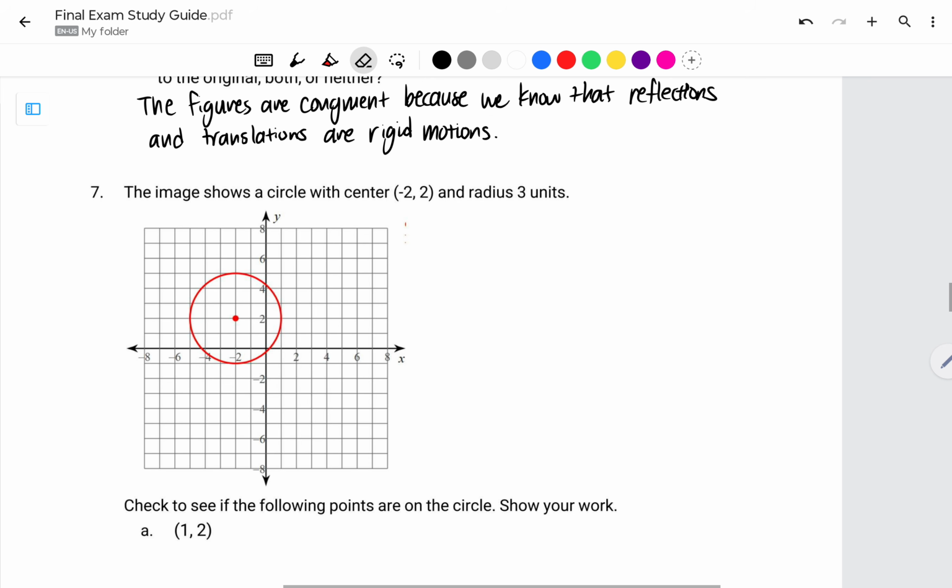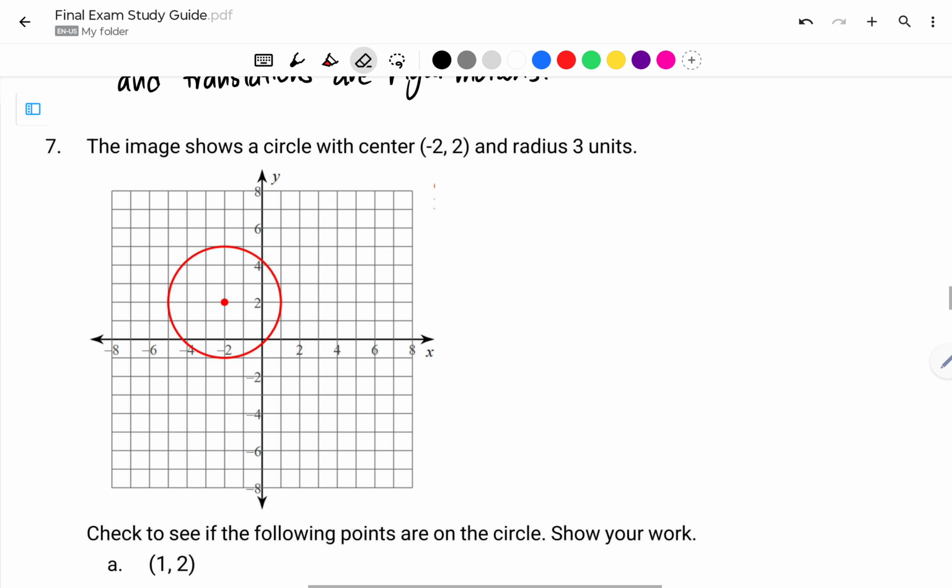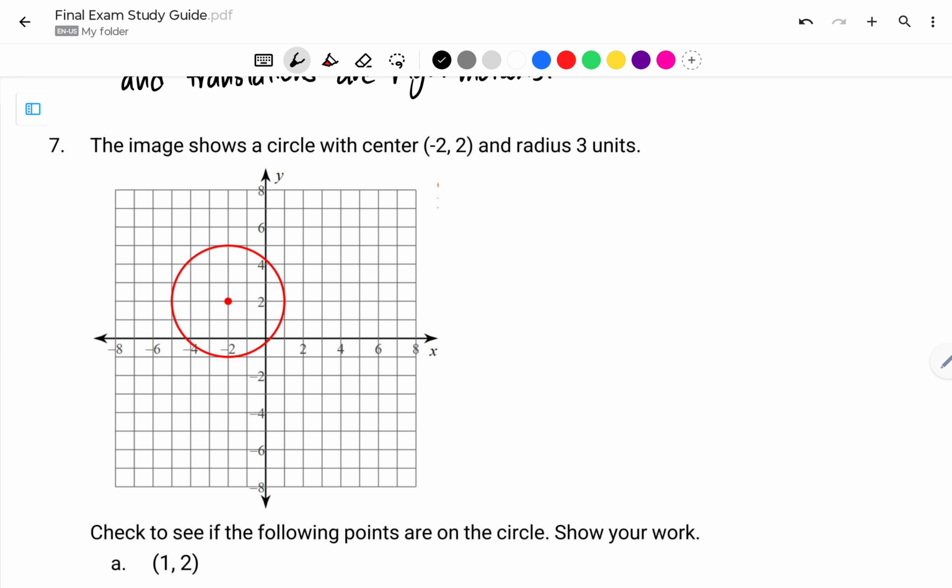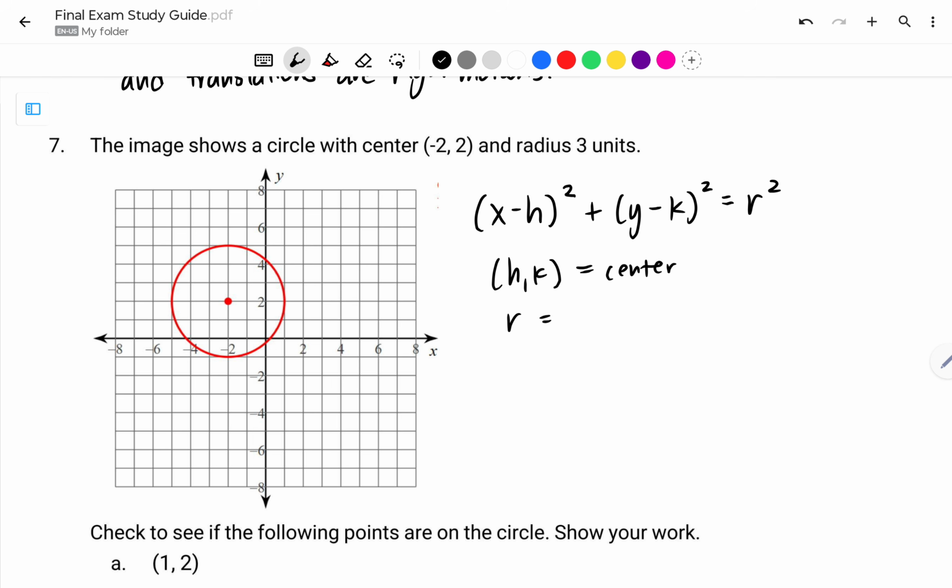I'm going to do the first part of the work here. We know the equation of a circle follows this format, where (h, k) is the center of the circle, and r is the radius.